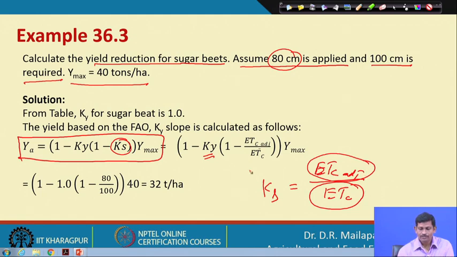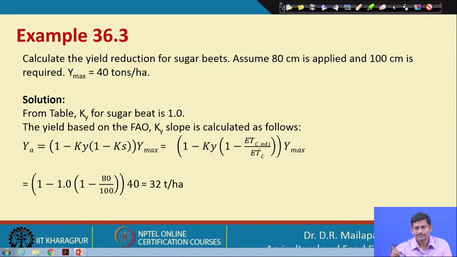Putting the values, ETc adjusted will be 80, that is 80 centimeter is applied, and 100 is actually required, but you applied only 80 centimeter. So, that means there is a stress. Ymax is given, you put the values, and finally the yield reduction, 32 tons per hectare, is the actual yield.